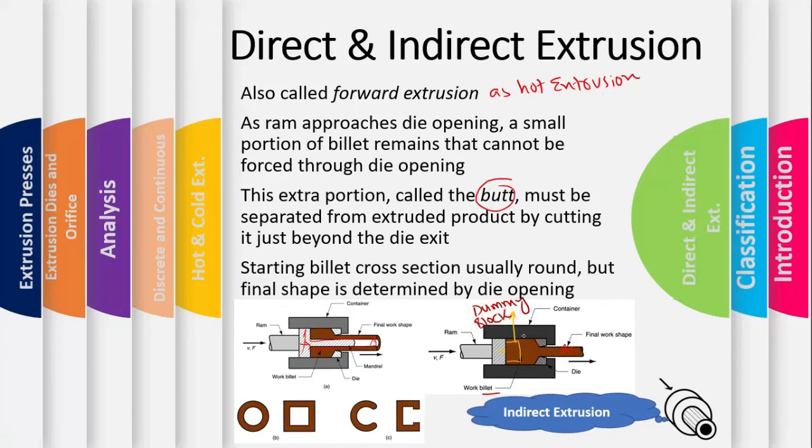So when such a ram with a dummy block forces this material, a thin layer of the material is left inside the container, while the material deep inside is squeezed out of the die opening. So ultimately, what we achieve at the end is a material without the oxide layer, oxide free. The thin layer that is left within the container is obviously rich in oxides. So this is the purpose of the dummy block. It is used in the case of the direct extrusion, when you are performing it as a hot extrusion.